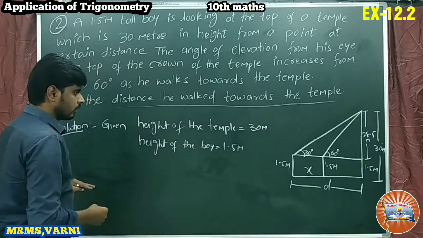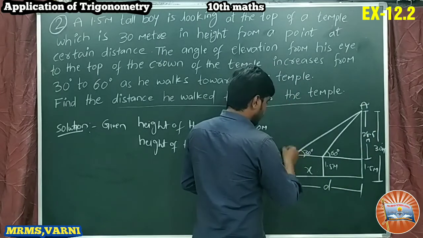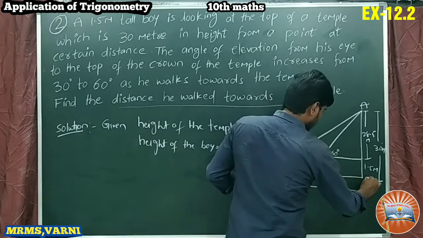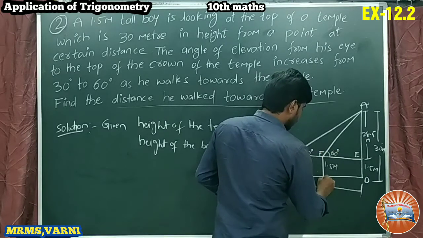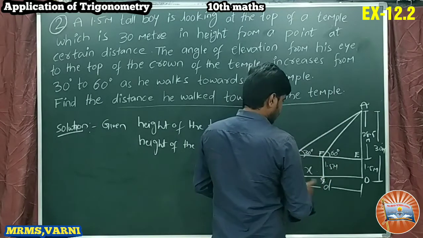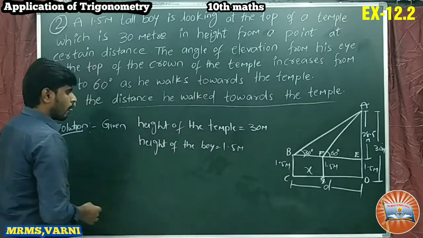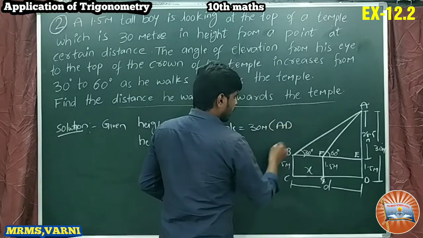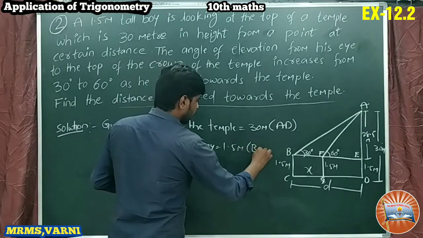Let us take the points A, B, C, D, E, F, G. The height of the temple is AD, and the height of the boy is BC.